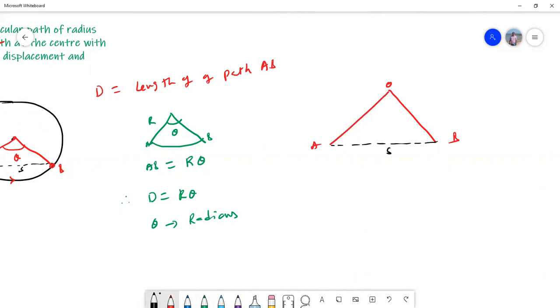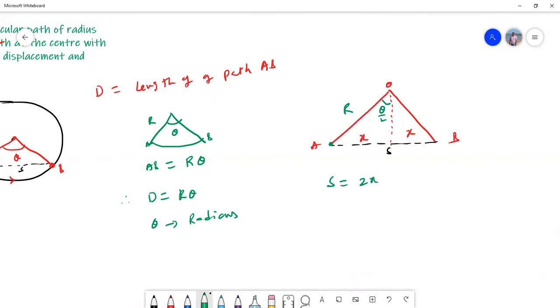Now I'll draw a perpendicular line here, and I'll take this as some x, this also some x. Since it is bisecting, this angle becomes theta by 2. R is the radius. So clearly we can say that displacement is 2x.